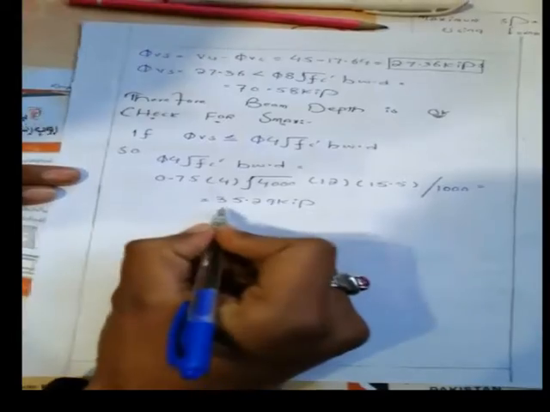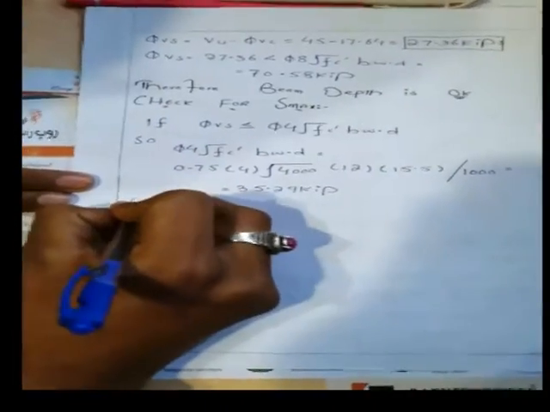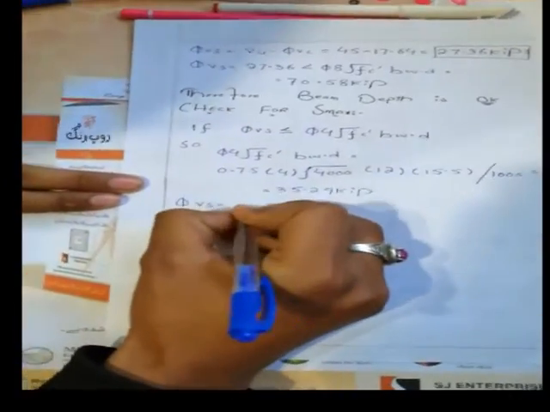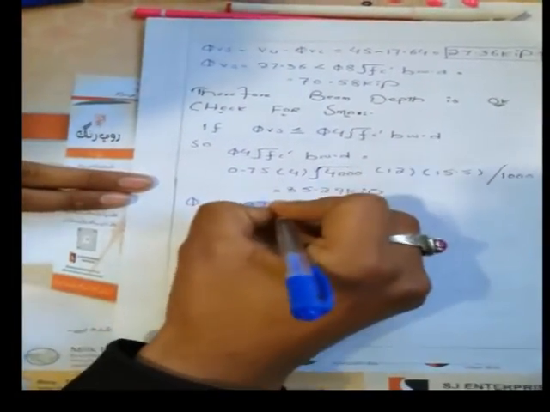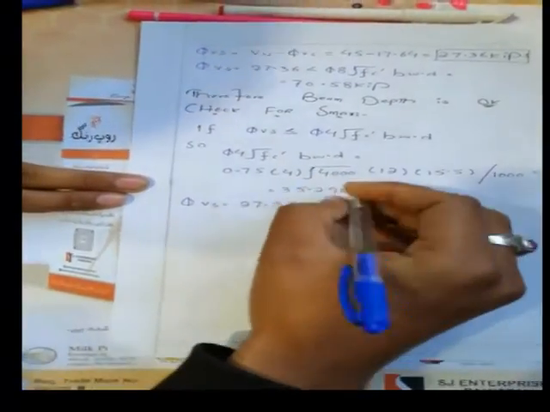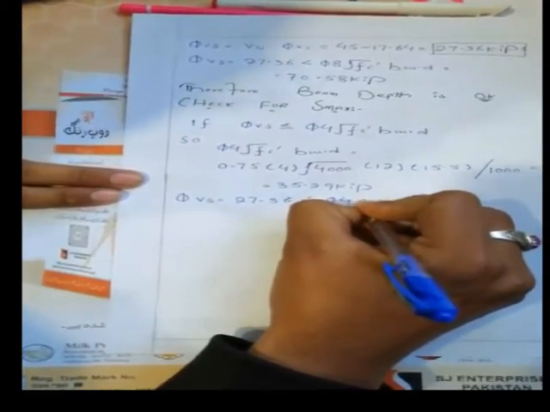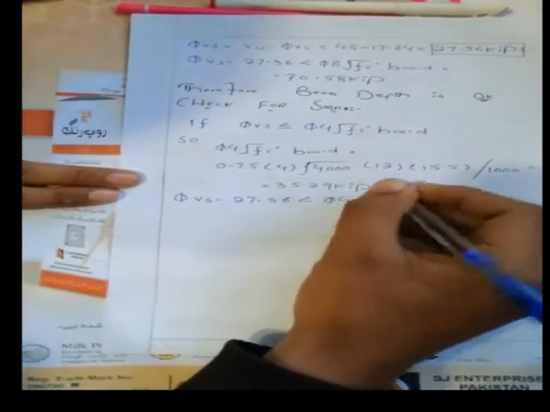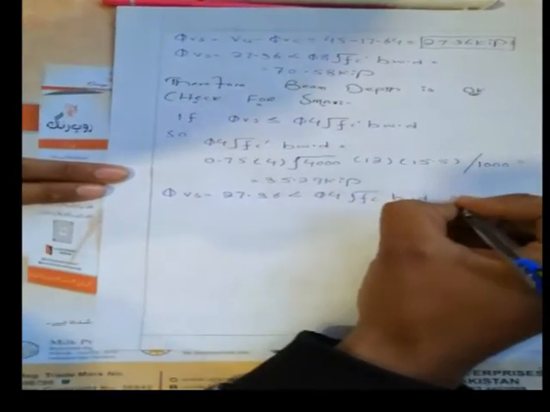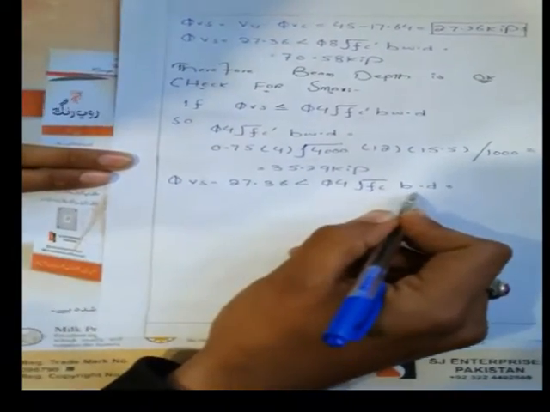Now let's check again whether that equation is satisfied or not. So phi Vs, which is equal to 27.36, is less than phi 4 under the root fc prime bw d, which is equal to 35.29 kips.